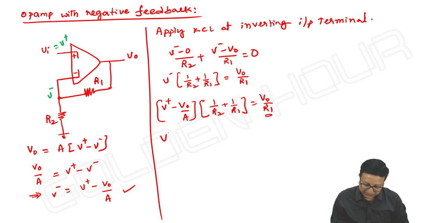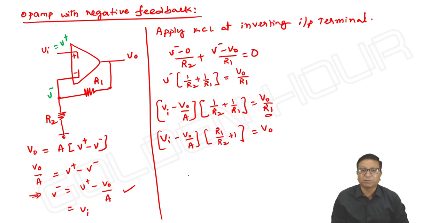V plus and V input are one and the same. Let me take this one so that it will be easy for me: Vi. Even I can bring this R1 directly in this step, anyway, one more step I am taking. So Vi minus V output by A, into (R1 by R2 plus 1), is equal to V output.